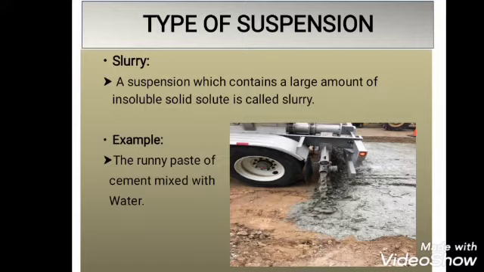A good example is a paste of cement mixed with water. You might have observed that when you mix cement with water, it makes a thick mixture. That mixture is used to join two bricks, and it is also used in construction as well. Such a mixture is known as a slurry.